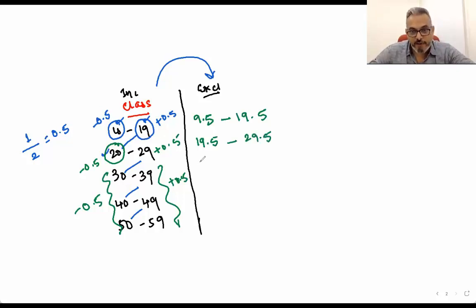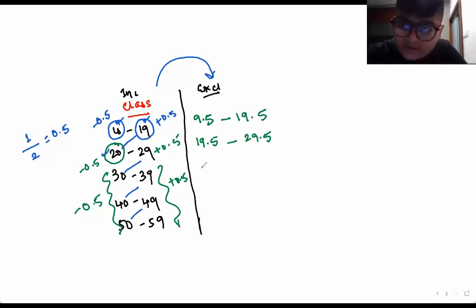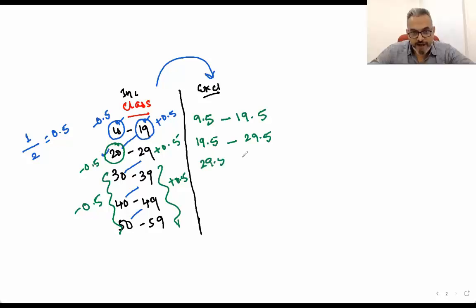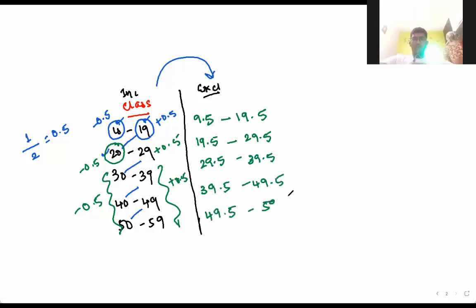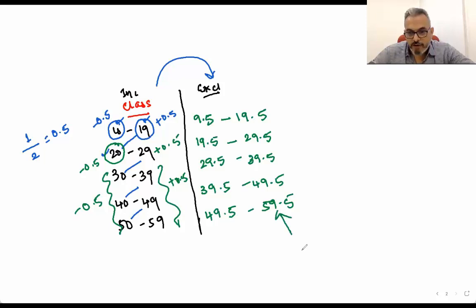Can you tell me which class this will be? 29.5 and 39.5, 39.5 to 49.5, 49.5 to 59.5. All of you agree? Yes, sir. What we have found are known as boundary points.